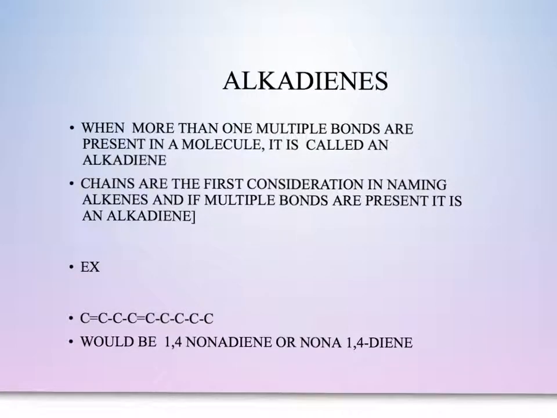We can also have alkenes where more than one double bond is present. If we have 2 double bonds, it is called a diene, di-ene, double bonds. If we had 3 double bonds, it would be a triene. If we had 4 double bonds, it would be a tetraene.